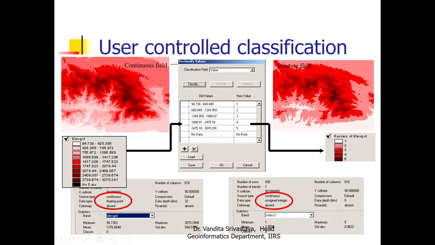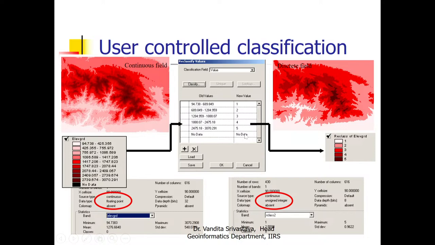In this user control classification, this is an elevation, and the values are from 94.738 to 3070.291. Now these values are classified into only 5 classes. These are given as values 1 to 5 and then no data.